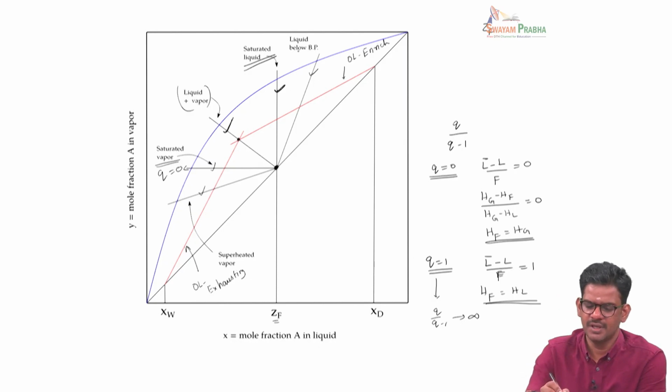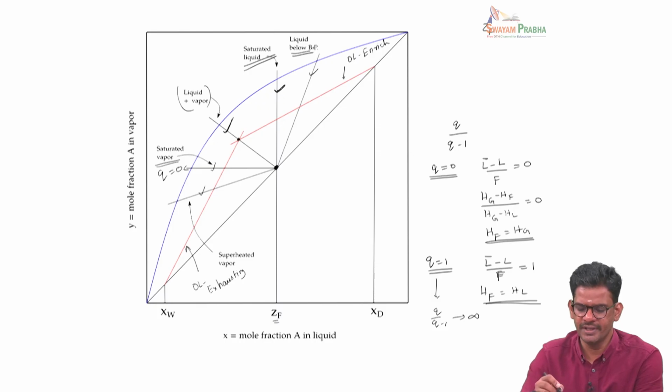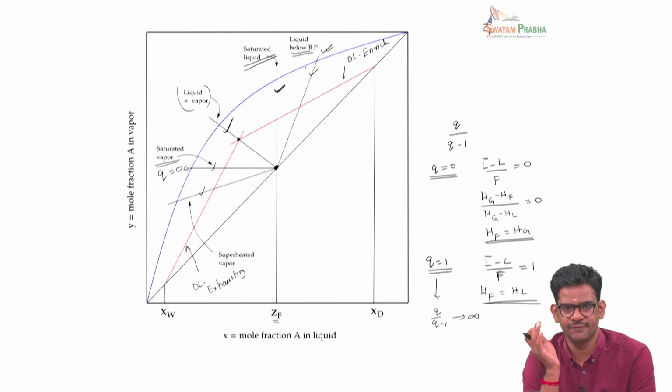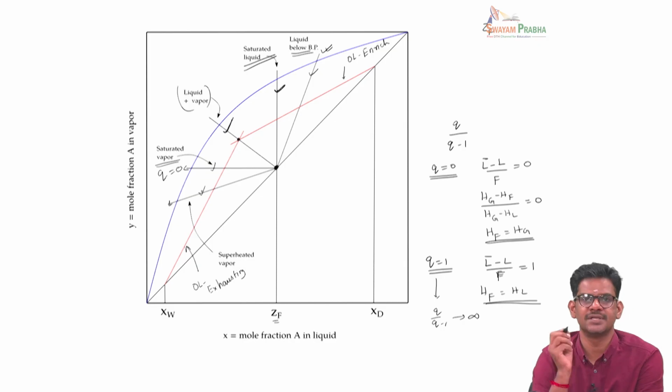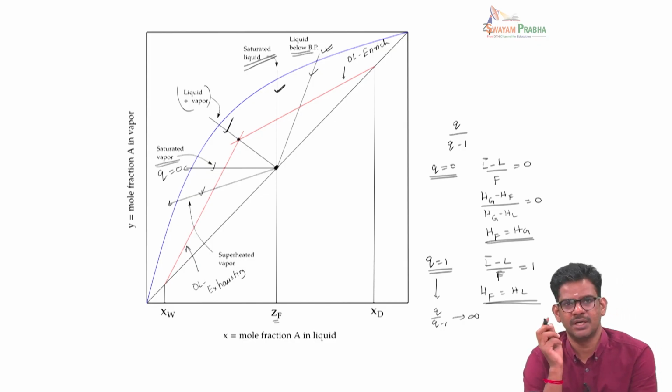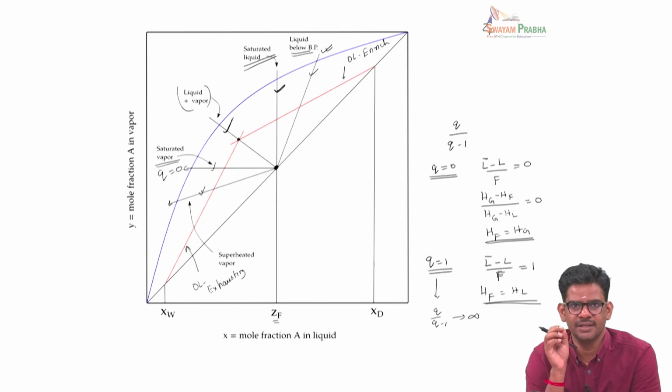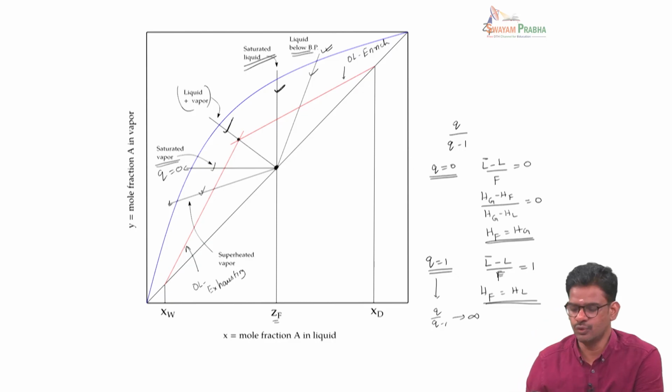Sometimes we may have liquid below the boiling point, and then you will have a q line which is a little on the right hand side of this vertical line, or sometimes you may have a vapor that is superheated and that goes below this saturated line. So the way to draw the q line is to find out the value of q based on the enthalpies.